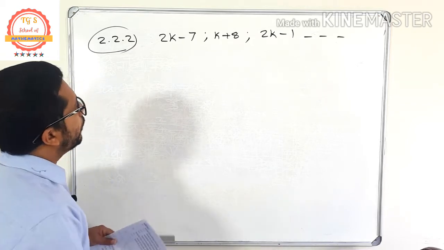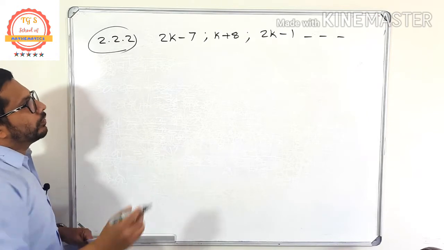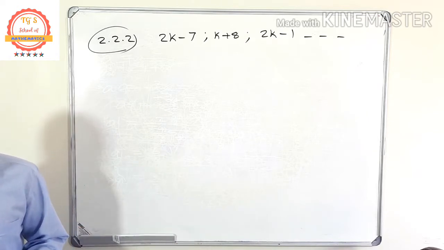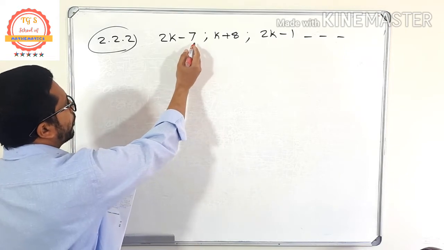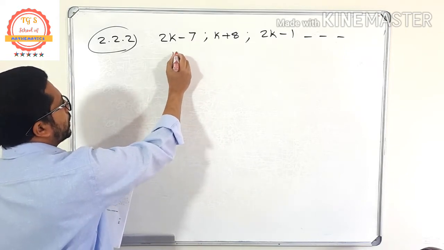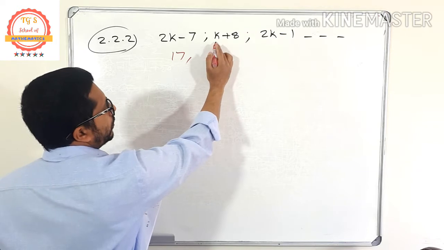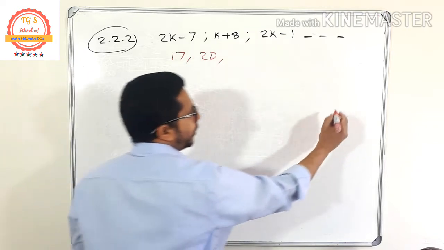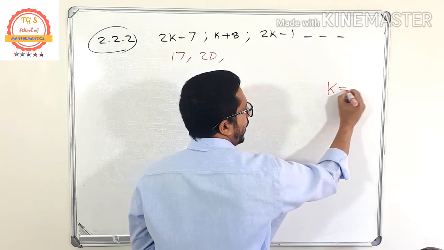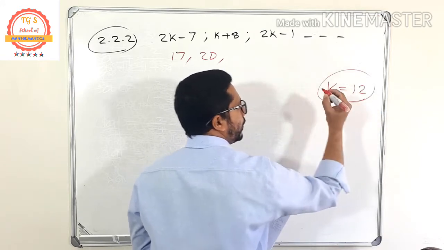So when you substitute the value of k as 12 here, 2 times 12 minus 7, it is 24 minus 7, that is 17. 12 plus 8, that is 20, because we got the value of k as 12 in the previous question.